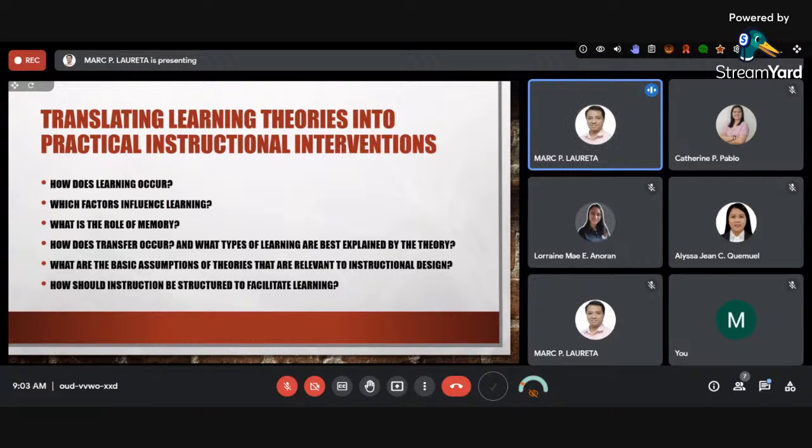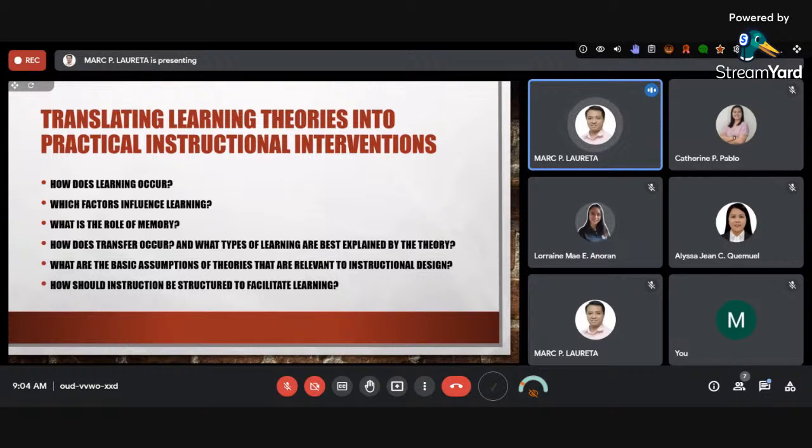Here, the list of questions we could ask as instructional designers in order to associate learning theories with our instructional design practices. So first, how does learning occur? Then what conditions need to be met for learning to happen? Then which factors might influence learning? Which factors might inhibit learning?